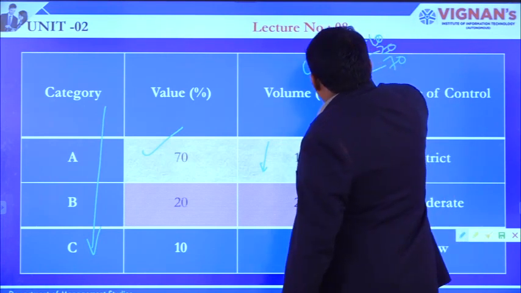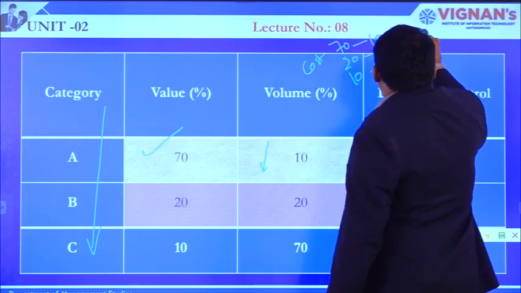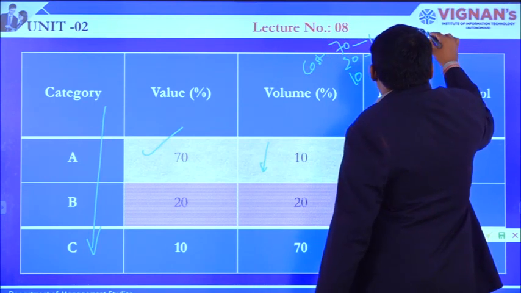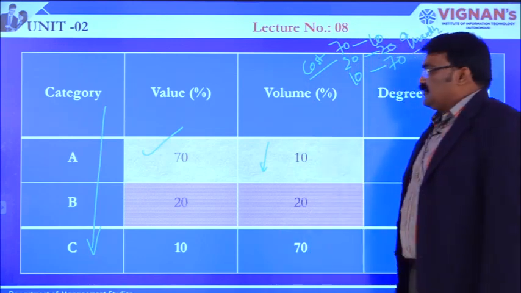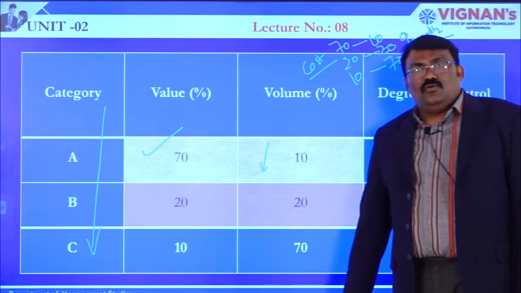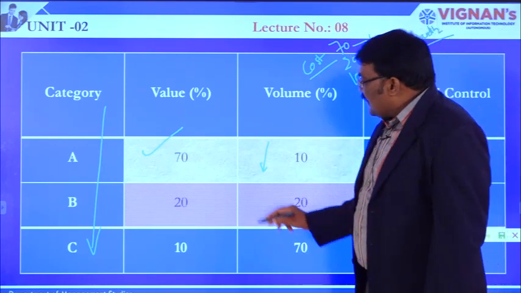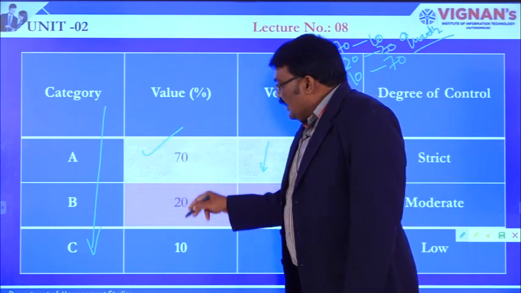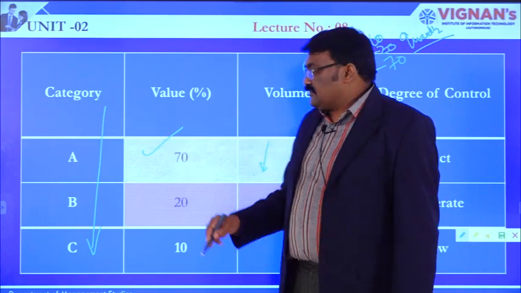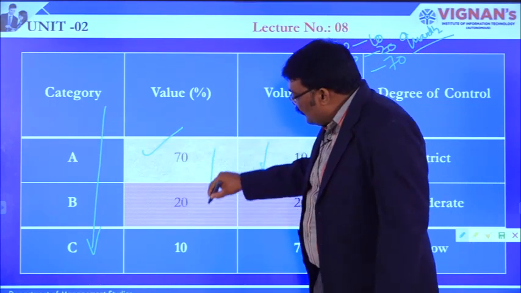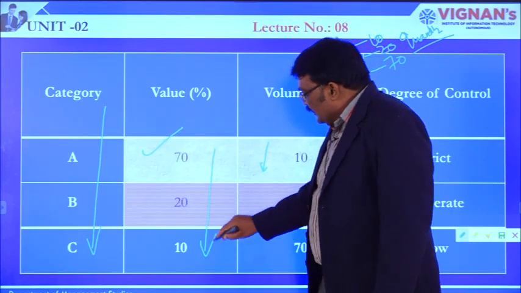This is cost and this is quantity, right. Now, we would understand that. The importance of ABC analysis is given based upon the value descending.